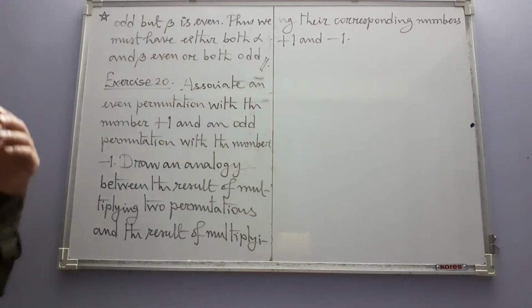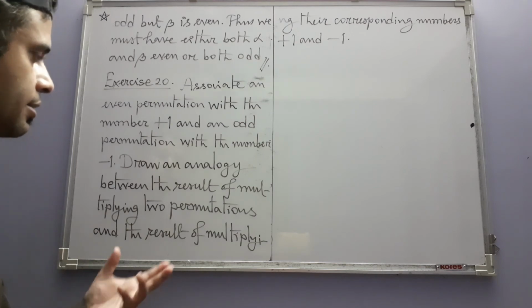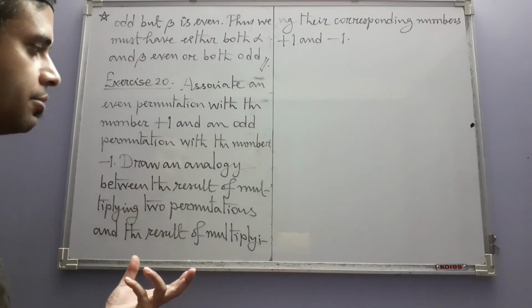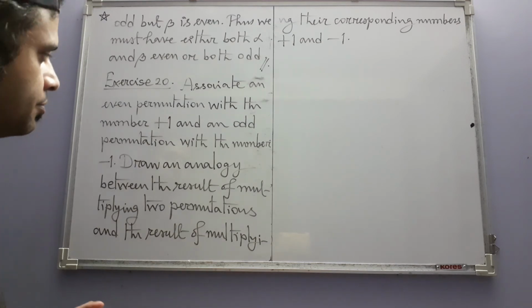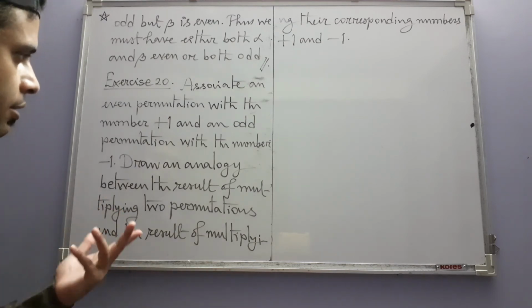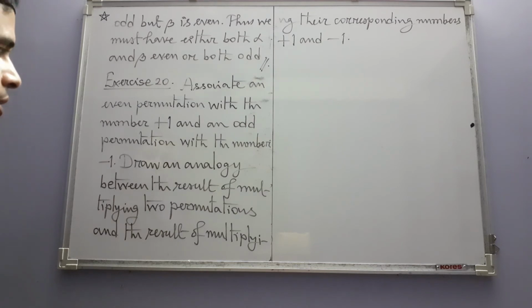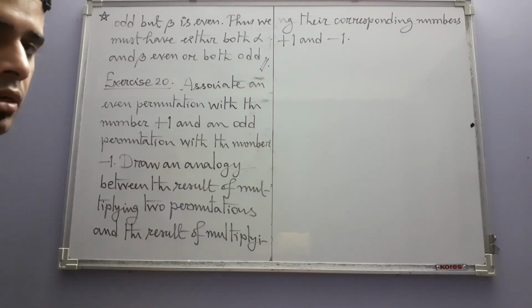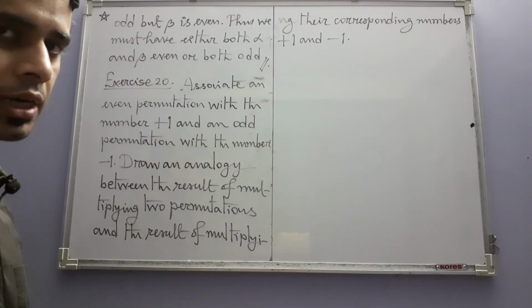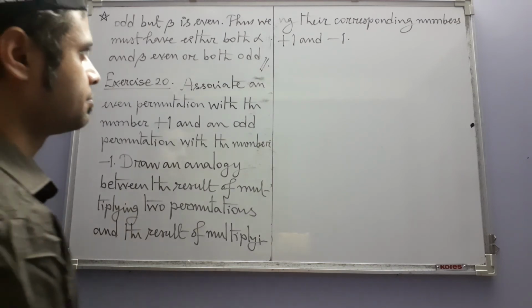Okay, so in this one, we are associating with an even permutation the number +1 and with an odd permutation the number -1. Let us make this association more mathematically rigorous using a function.